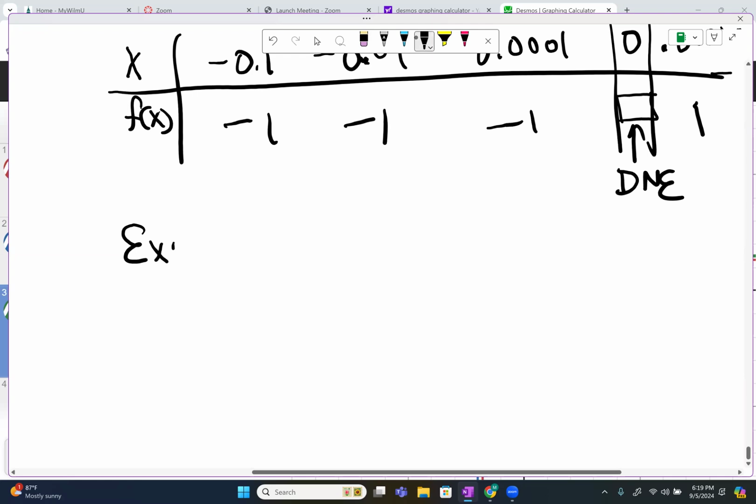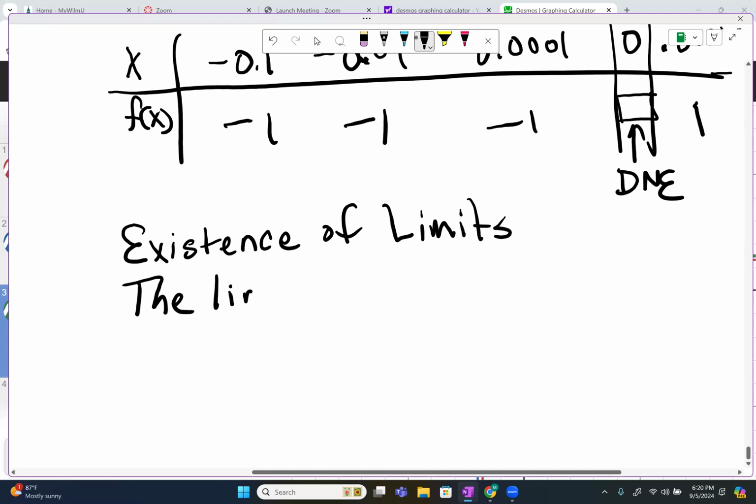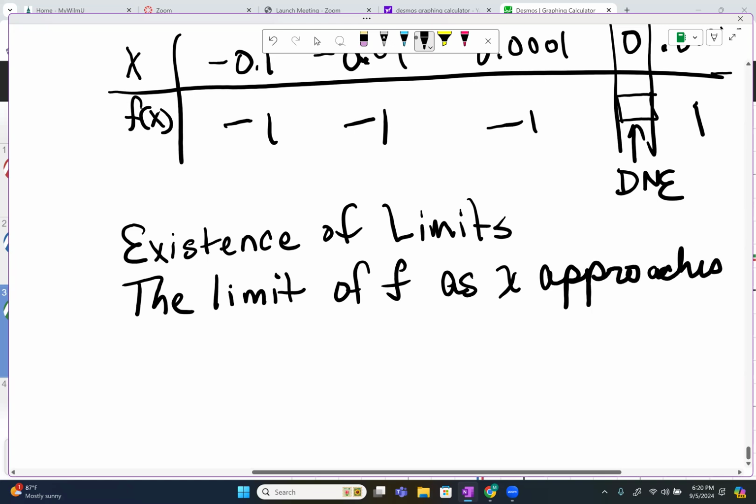So the existence of limits. For example, the limit of the function as x approaches a value, let's call it a, may not exist.